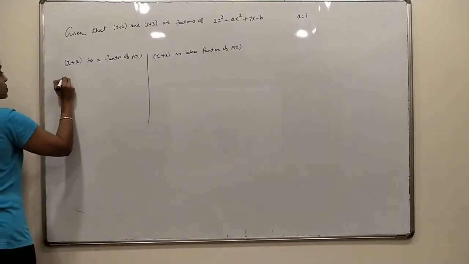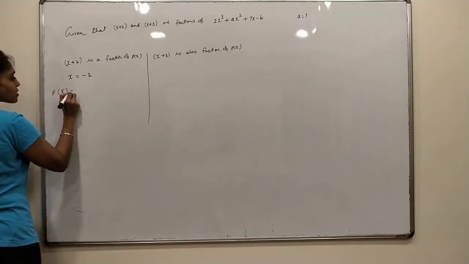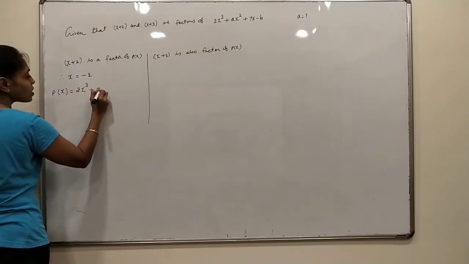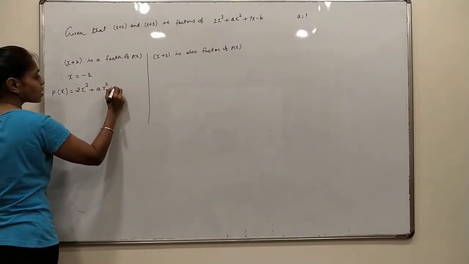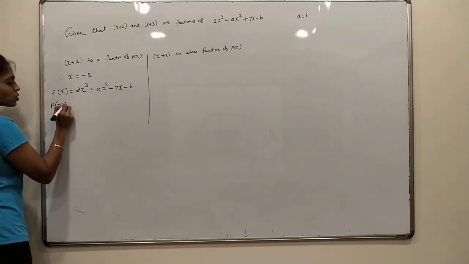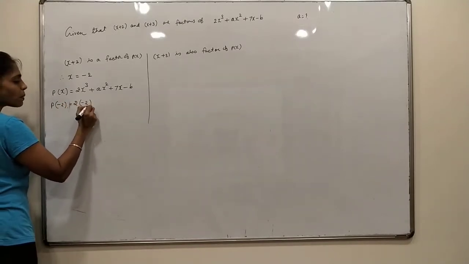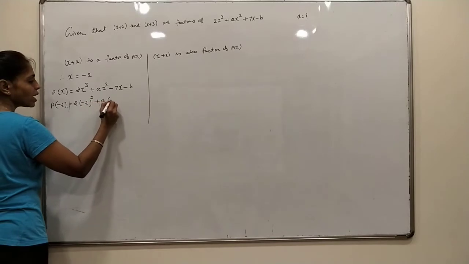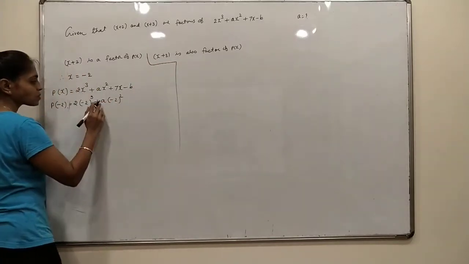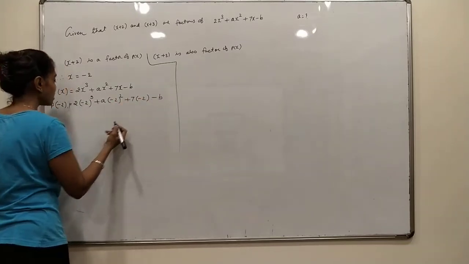So x equal to minus 2. p of x is 2x cube plus ax square plus 7x minus b, so p of minus 2 equals 2 of minus 2 cube plus a of minus 2 square plus 7 of minus 2 minus b.